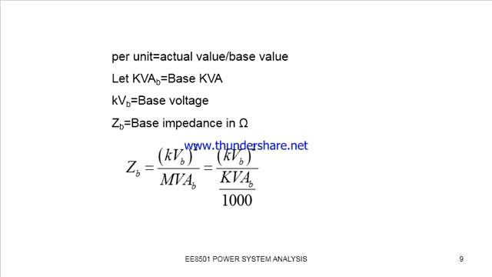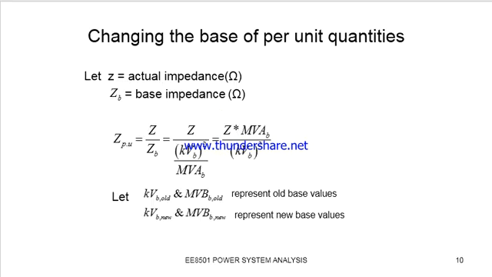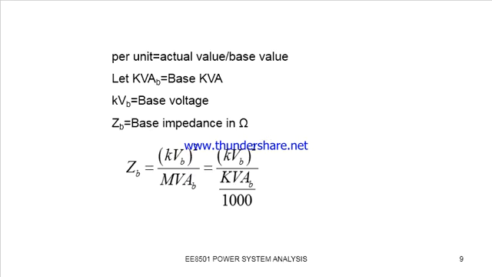So initially, this is the value for Z per unit. Z per unit is equal to Z divided by ZB, that is, actual impedance by base impedance. For calculating the base impedance, let us go for this equation. What is Z by Ohm's law? Z is equal to V by I. What is I?